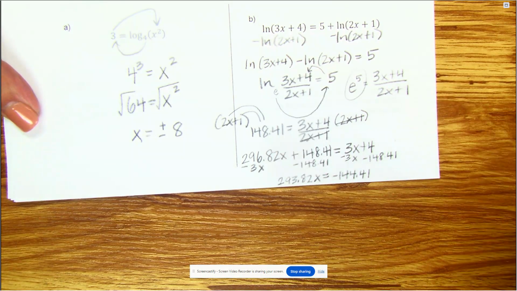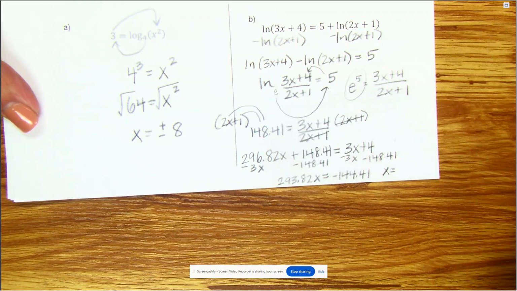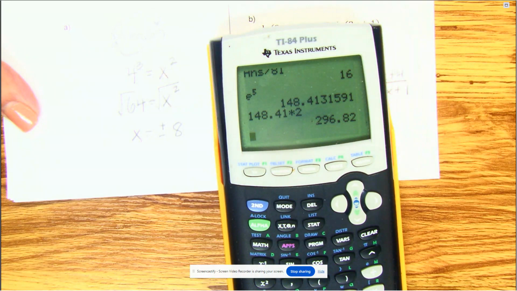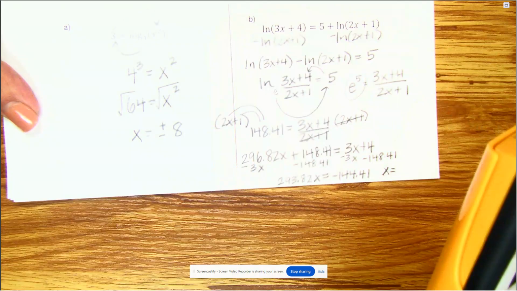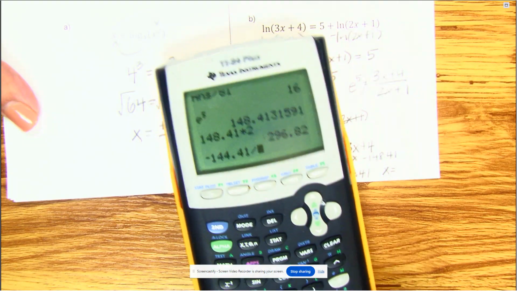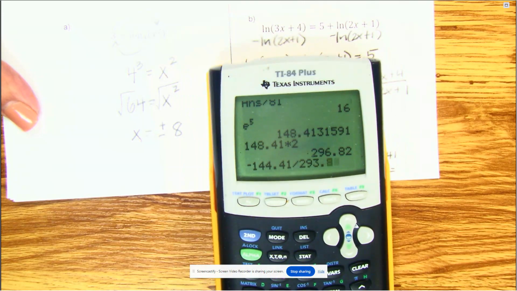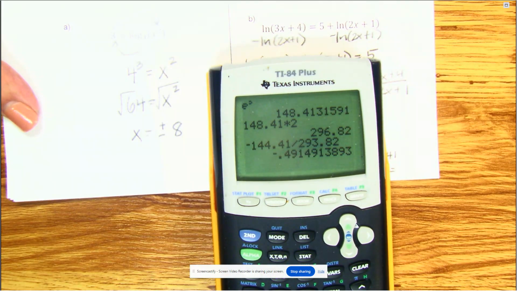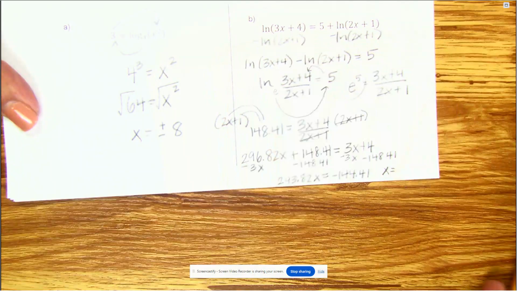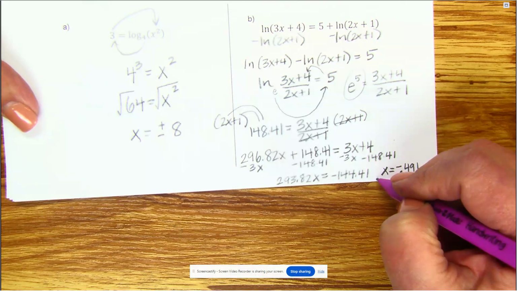Then I would divide both sides by 293.82. So negative 144.41 divided by 293.82, about negative 0.491.